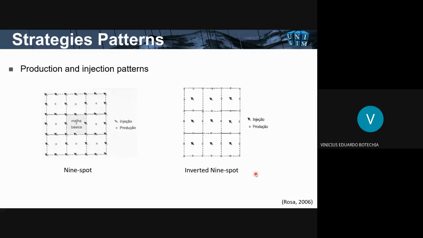I'm only paying attention to this now. Similarly, you have the 9-spot pattern. It's the same thing, but with 9 points here, injectors surrounded by 8 producers. And here we have the inverted case, that is, the producer is surrounded by the injectors, and here the injectors are surrounded by the producers.